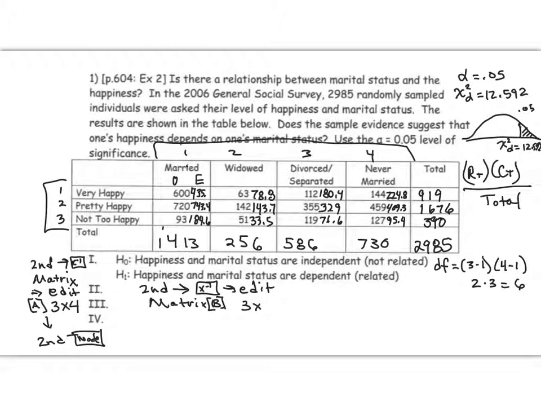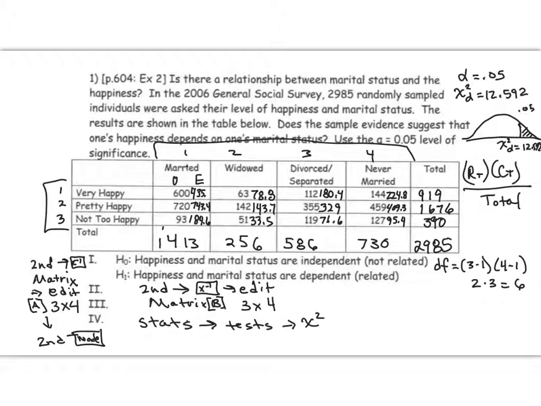While you're there, do 3 by 4 and enter all of those expected values in. Pause this while you do that and turn it back on when you're ready to run the test. Okay, now that you have entered all of that in, you can go into Stats, Tests, and scroll down until you find chi-square.